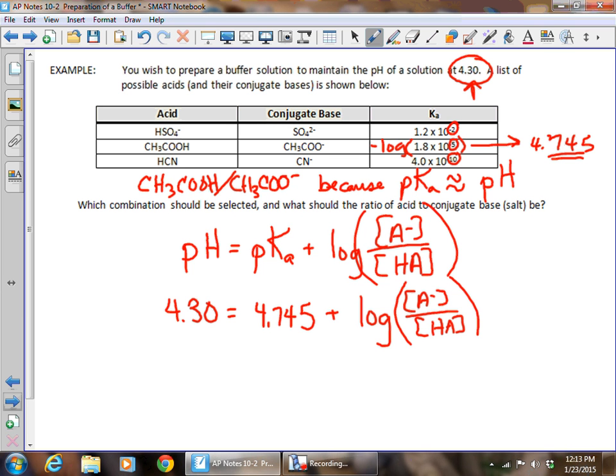Now we're going to subtract 4.745 from both sides. Of course, it's going to cancel over here, and we're going to get negative 0.445 here is equal to the log of this value.